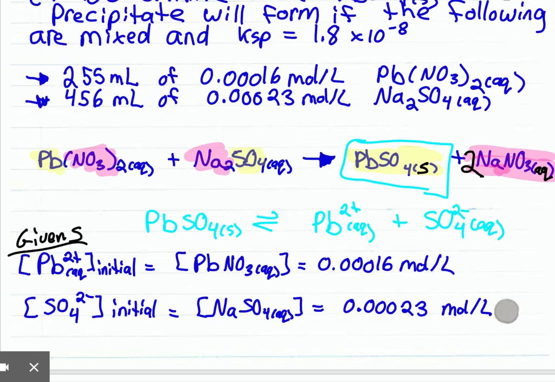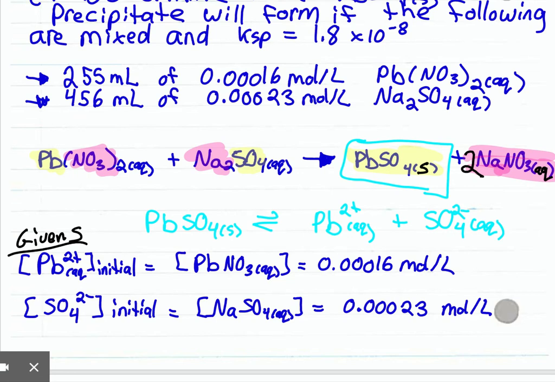So the initial concentration of our lead ion is going to equal the concentration of the lead nitrate, so it's 0.016 mole per liter. The initial concentration of the sulfate ion is going to equal the concentration of the sodium sulfate.